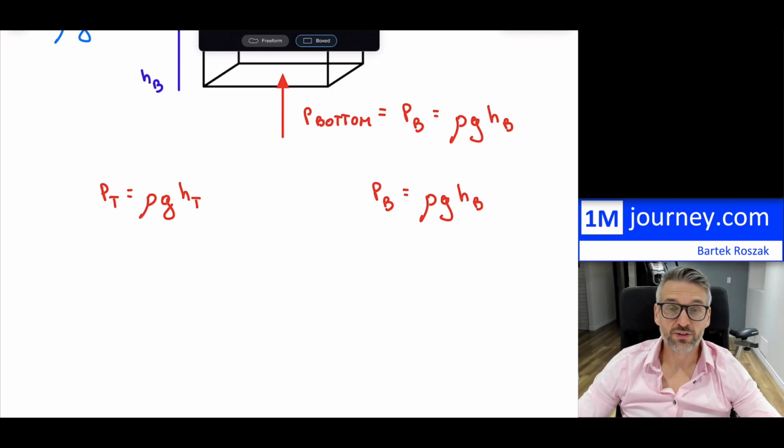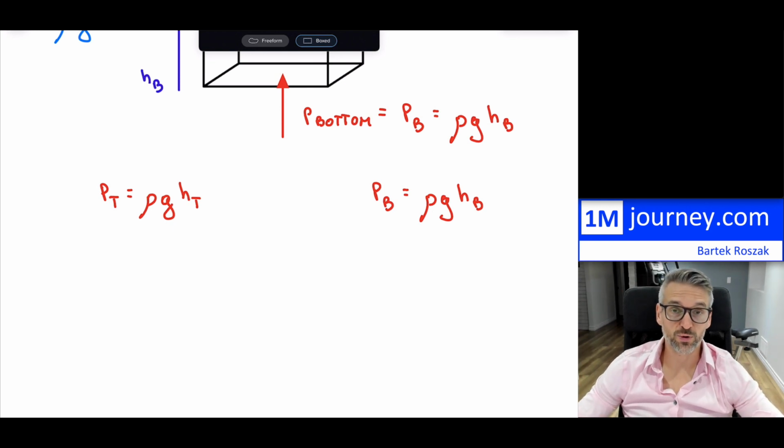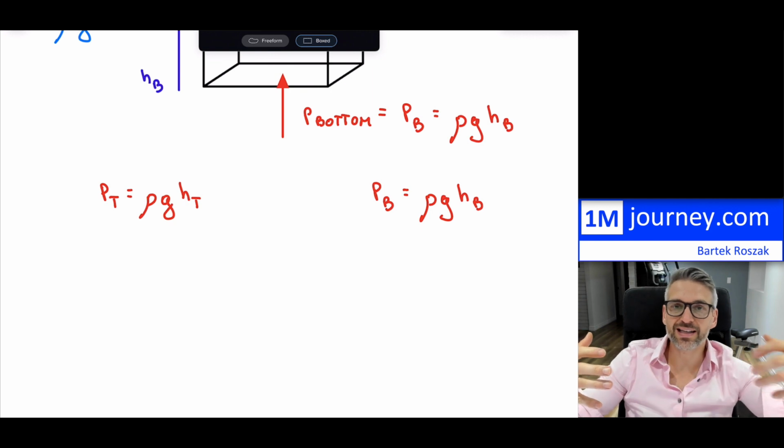Now, if this was not submerged in a fluid at all, if it was just standing in a vacuum, we know that we have a weight. The weight is going to be pulling this object down. The question is, outside of this weight pulling it down, are there any other forces present when you put this object in a fluid?